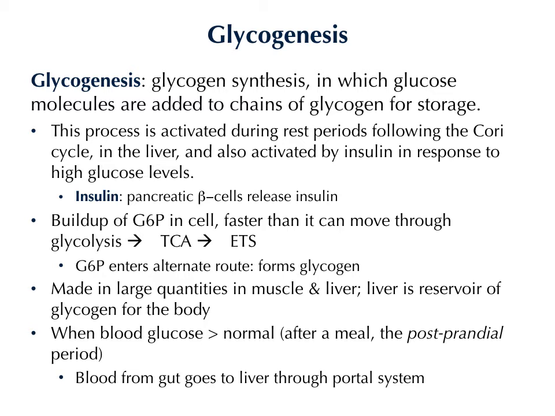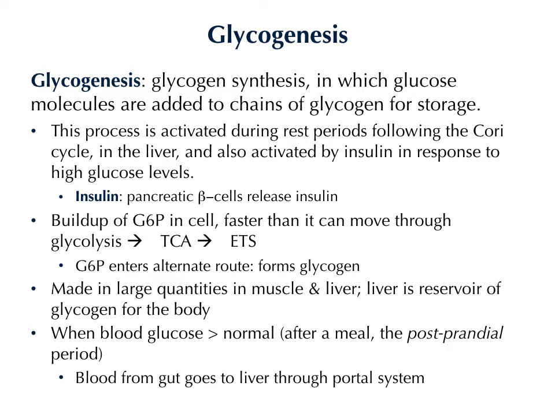Glycogen polymers can be made in pretty much any cell, but only two types of cells really store glycogen or make glycogen in any real amount, and that is in the muscle and in the liver. And it is the liver that becomes the reservoir of glycogen for the rest of our body to use. So when you eat a big meal and your blood glucose gets raised, you have a high serum glucose level.